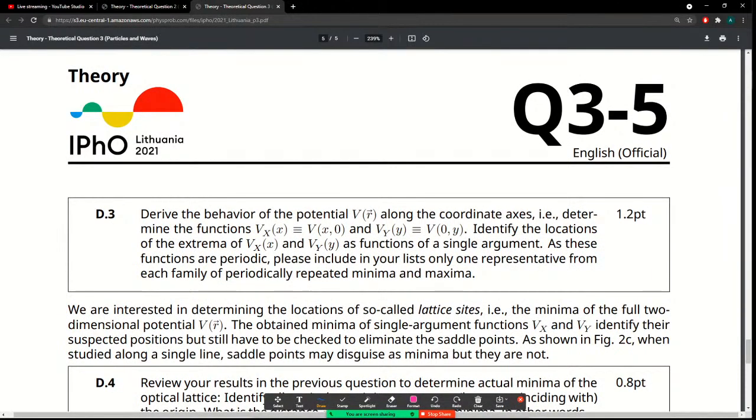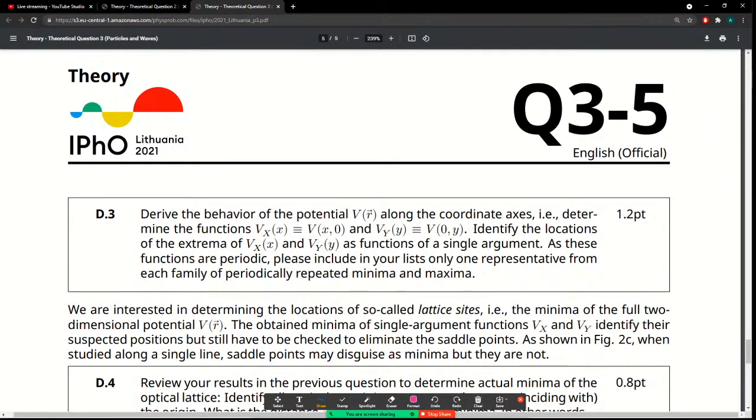Determine the behavior of the potential V of R along the coordinate axes, i.e. determine the functions Vx of x, which is congruent to V of x, 0, and Vy of y, congruent to V of 0, y.